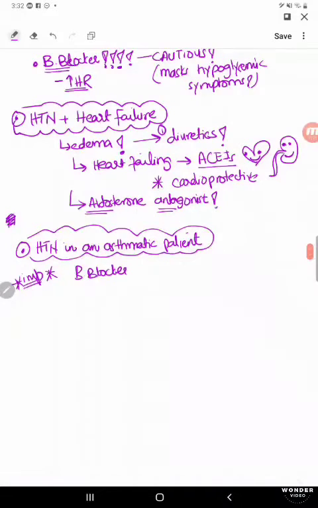But if you want to still give beta blockers, only give cardio selective beta blockers. Why is that so?